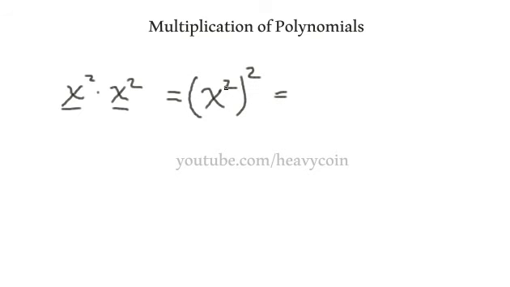Now in this particular case, what we do is we multiply the exponents. So this becomes x to the 2 times 2, which is x to the 4th.